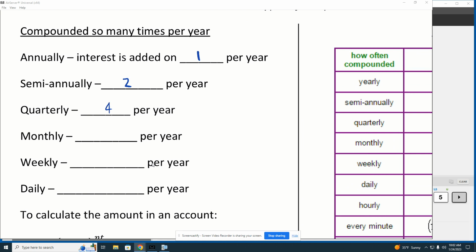How about monthly? 12. 12 months in a year. Weekly? Nope. 52. There's 52 weeks in a year. And then, how about daily? 365. 365. So, these are the words that it adds.